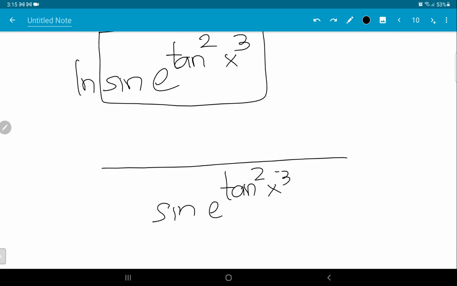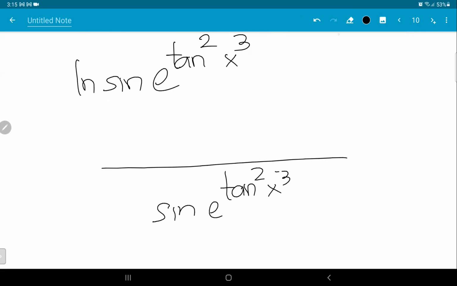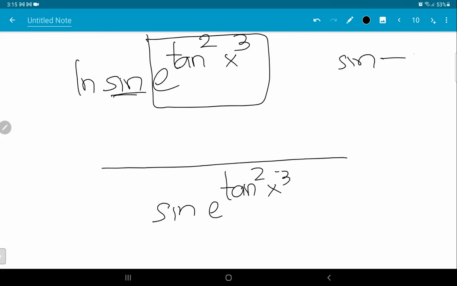And to differentiate this, you need to look into this. Okay, you're now in sine. So the derivative of sine is cosine. So the derivative of sine of this is cosine of this.